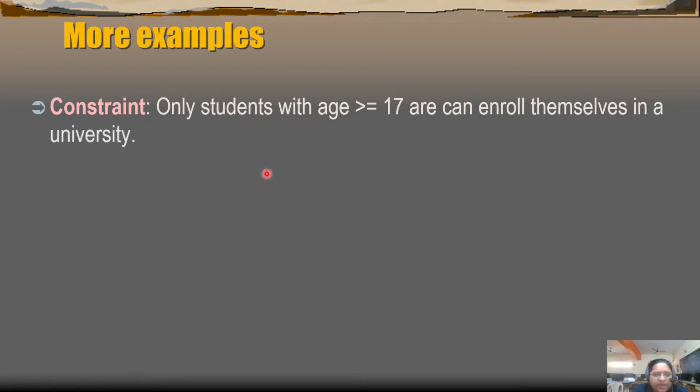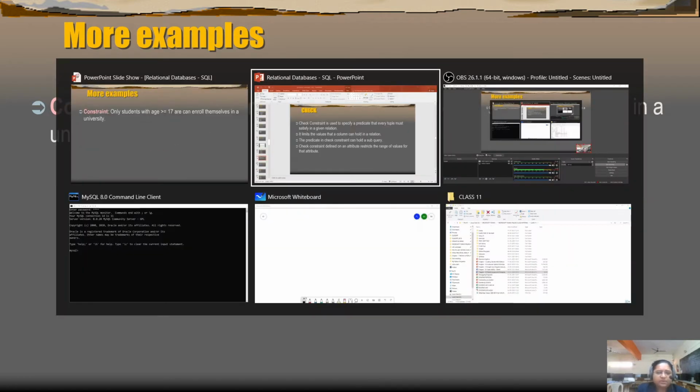A constraint has been given to us for a student table. Only students with age greater than or equal to 17 can enroll themselves in a university. How can we do this?